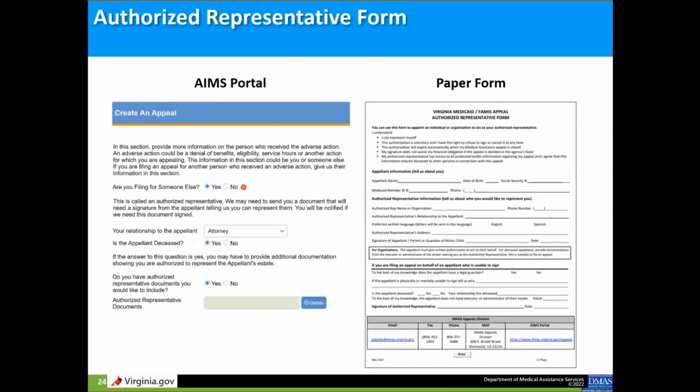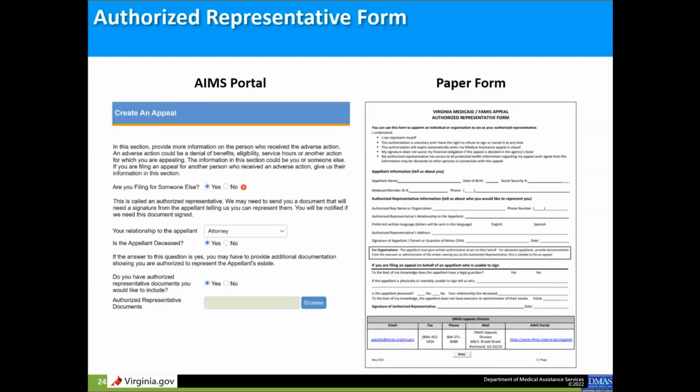Our authorized representative form allows a client to appoint a family member, a friend, an attorney, or a representative from a medical provider or community services group to represent them. Additionally, the Appeals Division will accept an appeal from a representative who is notated in the VA-CMS case management system.